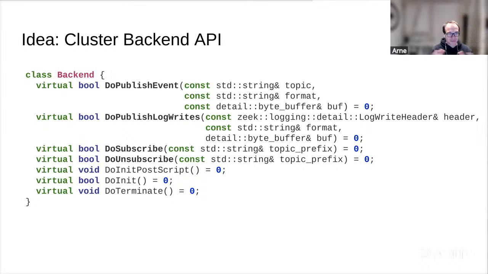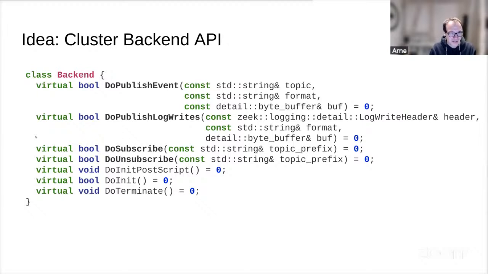You use that buffer and send it out on the wire. Similar for log writes. And do subscribe and do unsubscribe are to set up and tear down subscriptions. The ones that are not bold are mostly lifecycle hooks for when Zeek starts and stops.